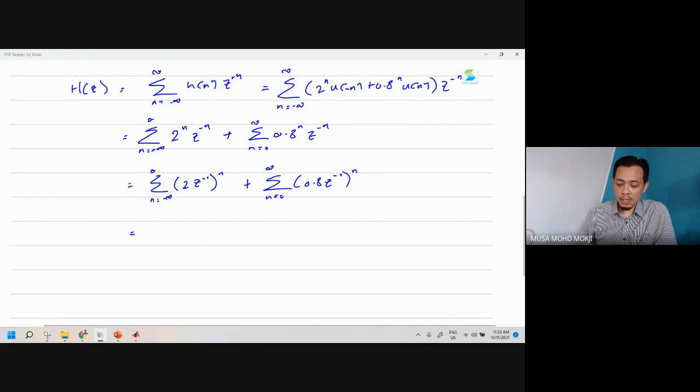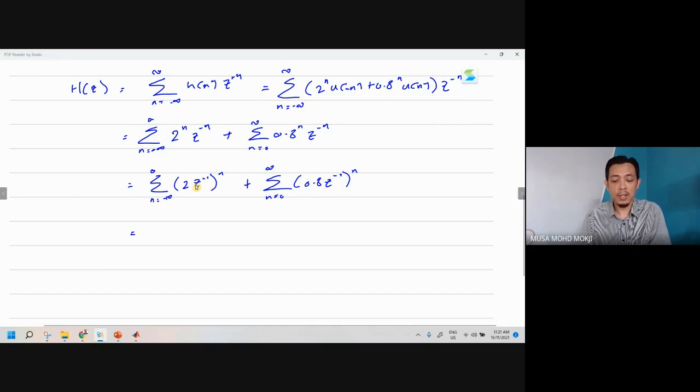And from here, from the equation of H(z), this is actually a geometric series. A summation of a geometric sequence is a geometric series, and we have a solution for the geometric series. You have seen the videos, so if you forgot how to do it, just watch that video on the geometric series again.